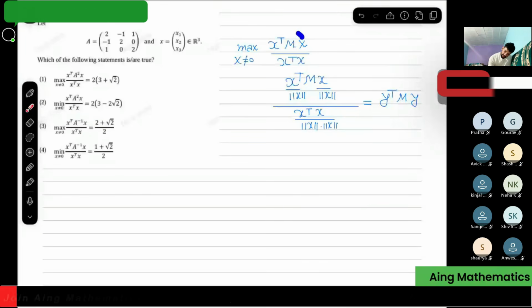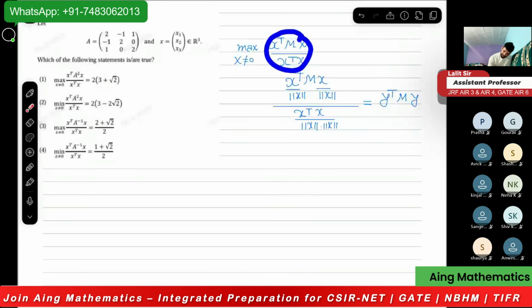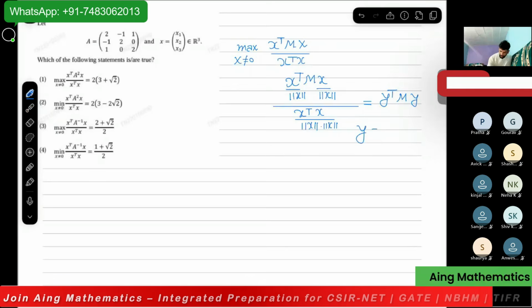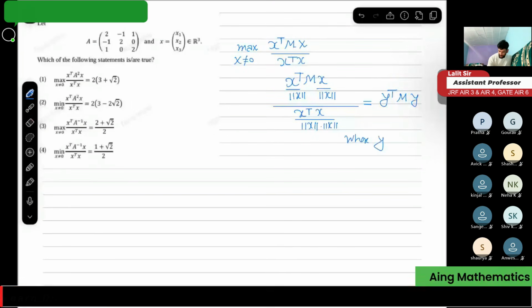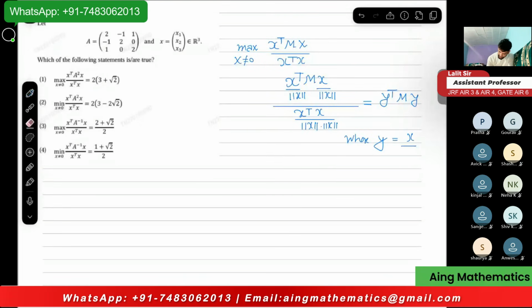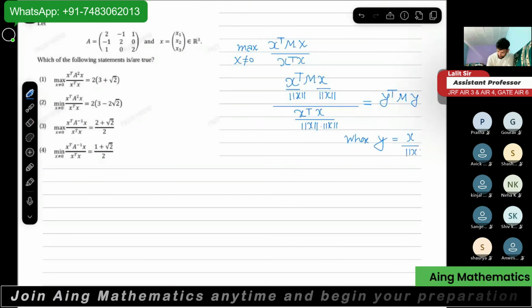So you can rewrite this number like this, where Y means X divided by norm X, so this is a unit vector.